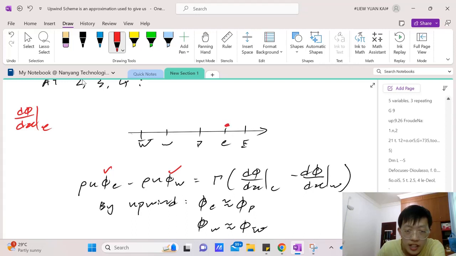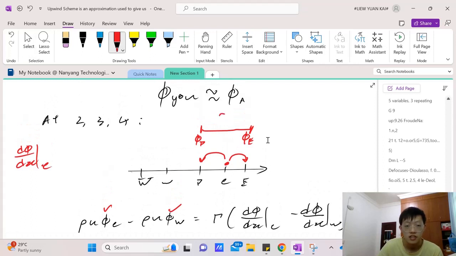So first, we stand at e, and then the formula is, if we want to find a derivative, we do this: immediate right minus immediate left divided by the segment. So the immediate right is phi e, the immediate left is phi p, and the whole segment is delta x long, right? So phi e minus phi p divided by delta x.